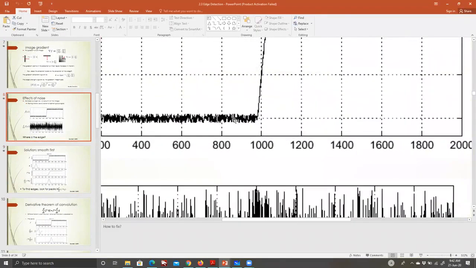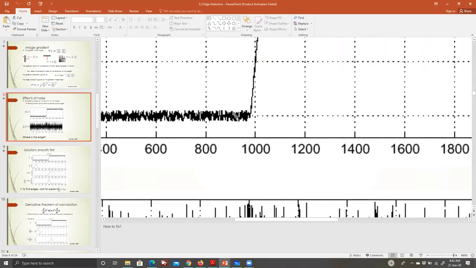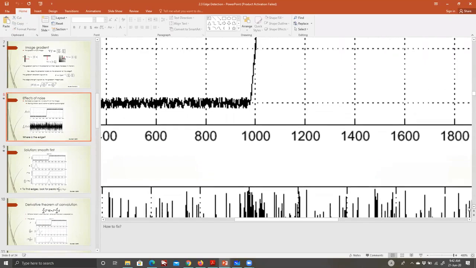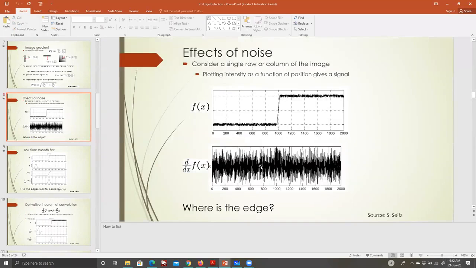See these sudden jumps here. When you try to take derivatives here, that jump is captured. And there are so many jumps that now there is no way to know where the actual edge is. So that is the problem we are facing.